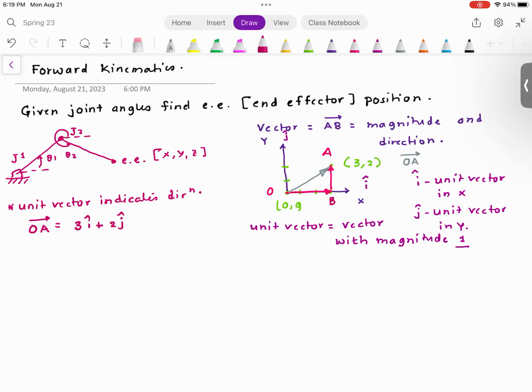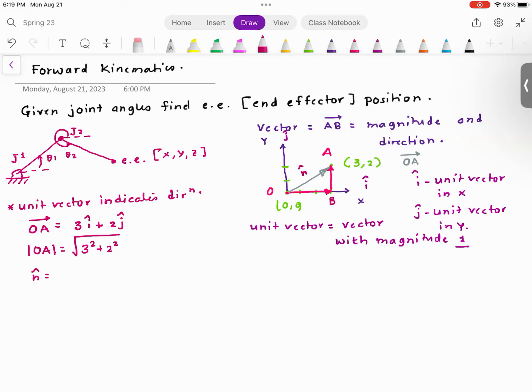Why is this not a unit vector? Because the magnitude of this vector, from the Pythagorean theorem, is equal to the square root of 3 squared plus 2 squared. But I can certainly find a unit vector in this direction, and I'm going to call this n hat.